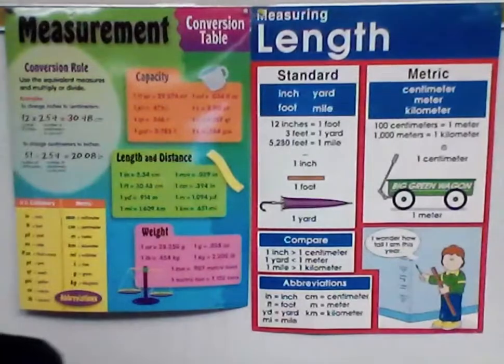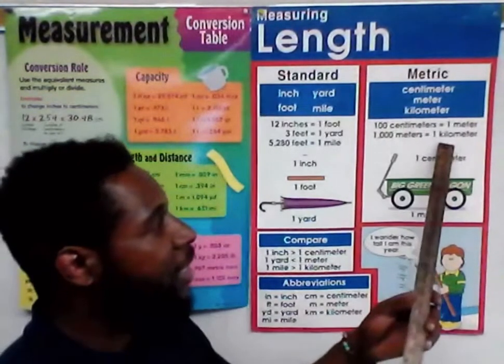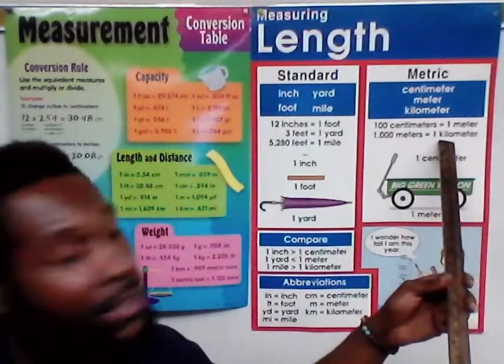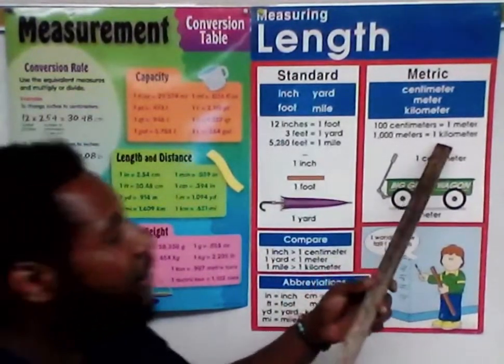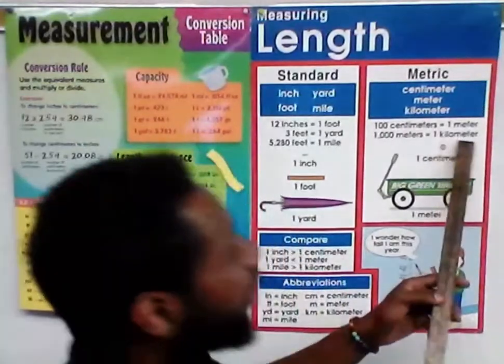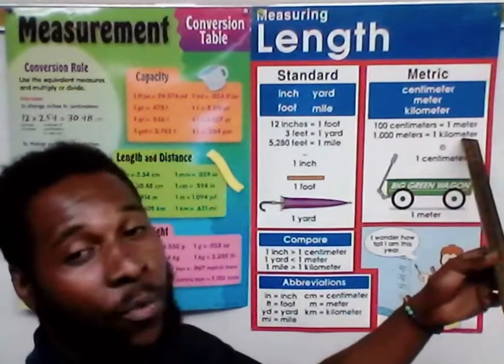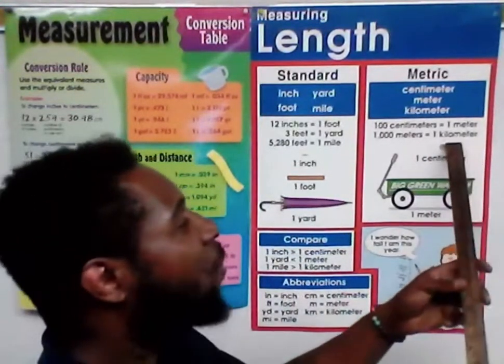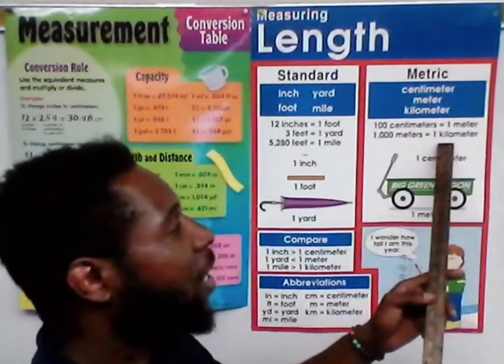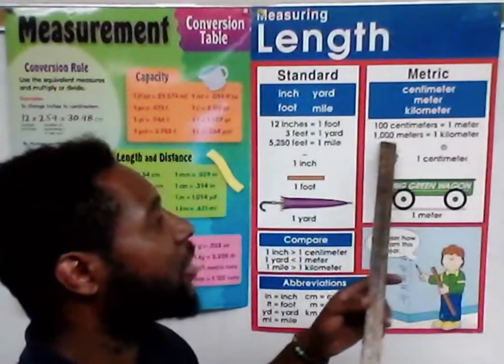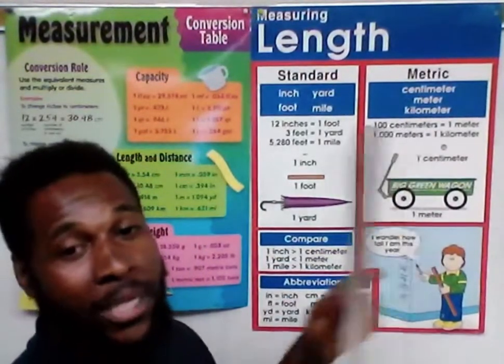Let's go backwards. The word kilo means 1,000. So if I have the word kilo as a prefix, and then I have the word meter, now I know that 1 kilometer is just equal to 1,000 meters.